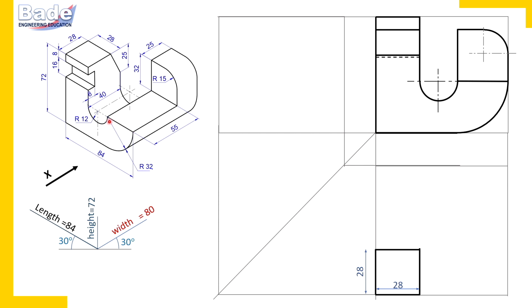Again, this length is 32 millimeters. Check the radius of this curved edge, and here it is center. So this length is 32, and this length of the surface is 55. Now from the right side front corner, measure 55 millimeters parallel to width and 32 millimeters parallel to length, and complete this rectangle.